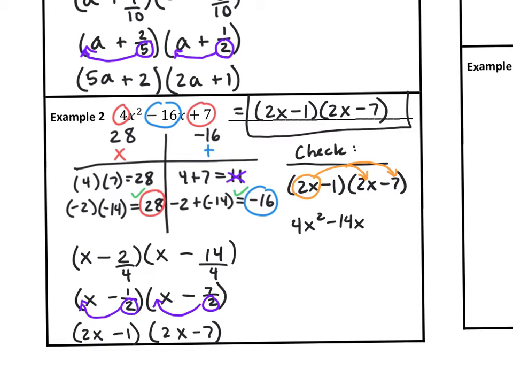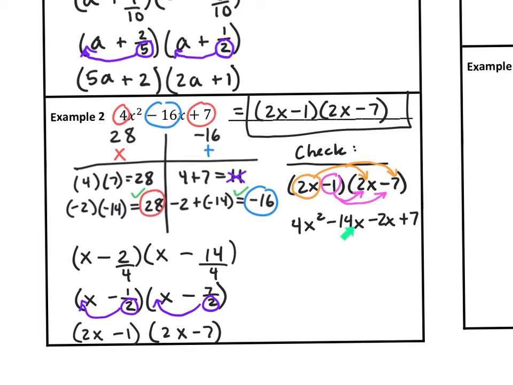And then we're going to multiply negative 1 times 2x, and negative 1 times negative 7. Negative 1 times 2x is negative 2x, and negative 1 times negative 7 is positive 7.